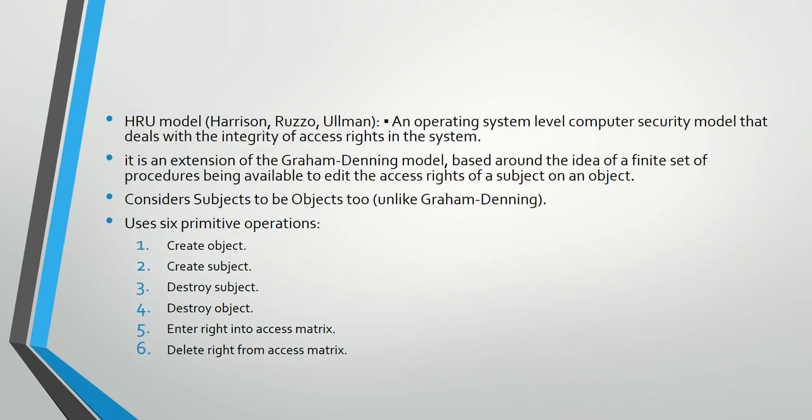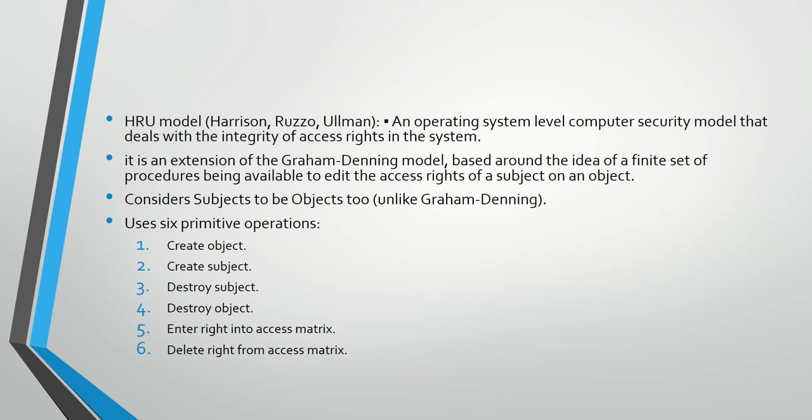We have the Harrison-Ruzzo-Ullman model, or HRU. It's an operating system level computer security model that deals with the integrity of access rights in the system. It is an extension of the Graham-Denning model based around the idea of a finite set of procedures being available to edit the access rights of a subject on an object. It also considers subjects to be objects too, unlike Graham-Denning.